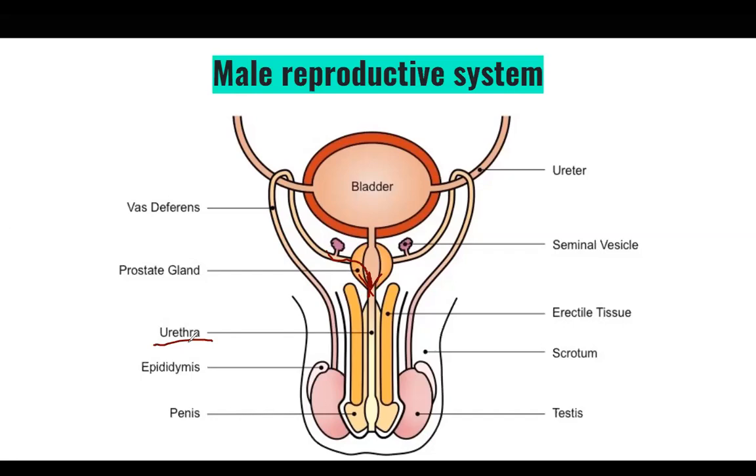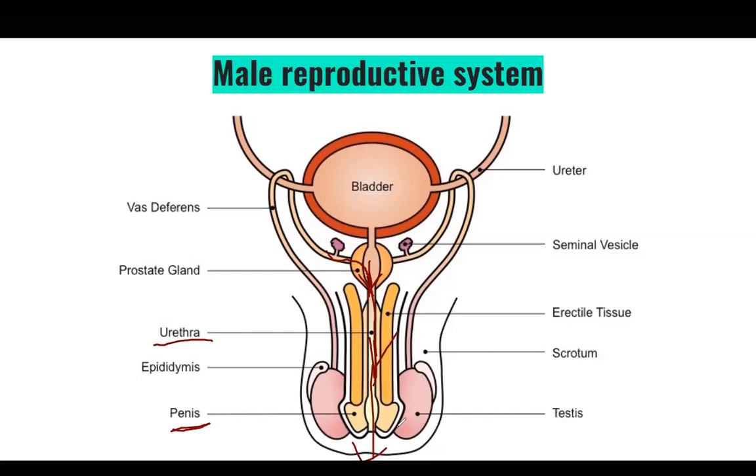So the semen, as we said previously, passes through this tube, which is located in the center of the penis.